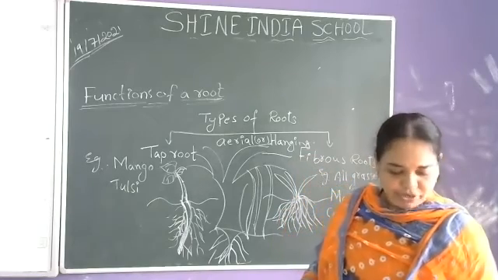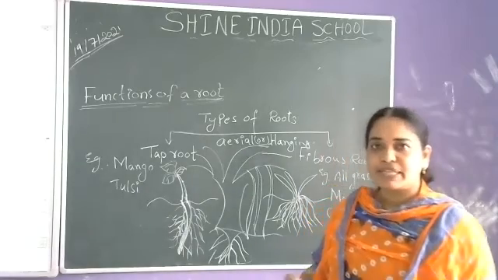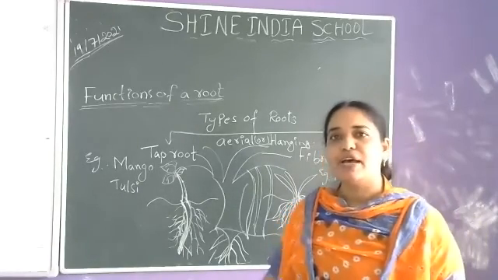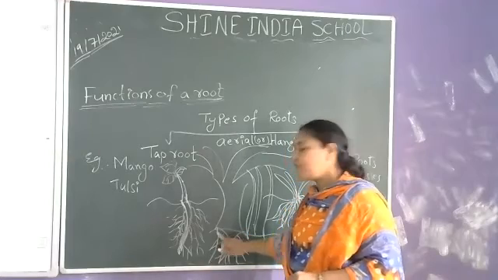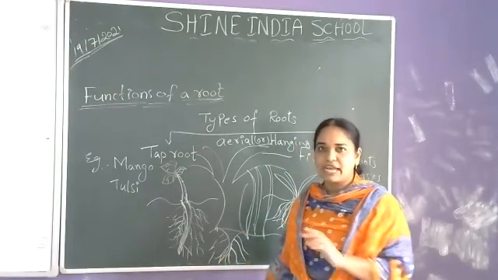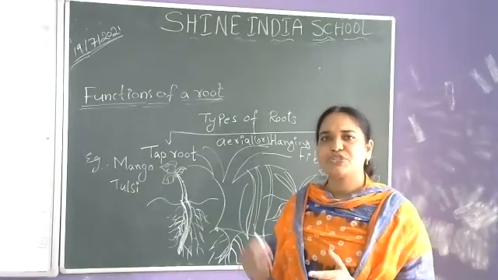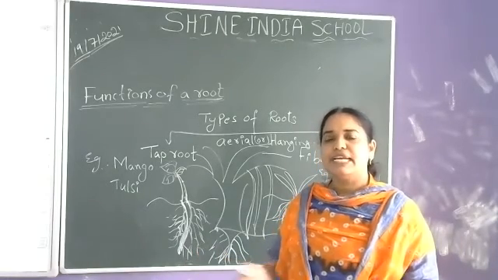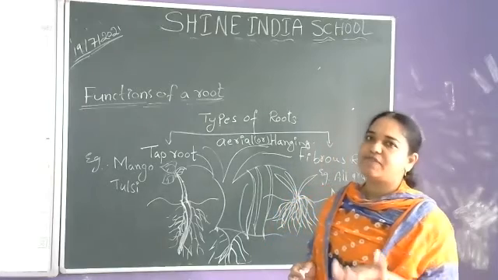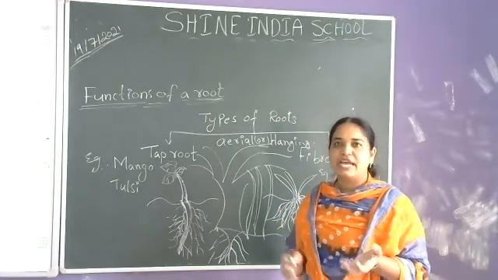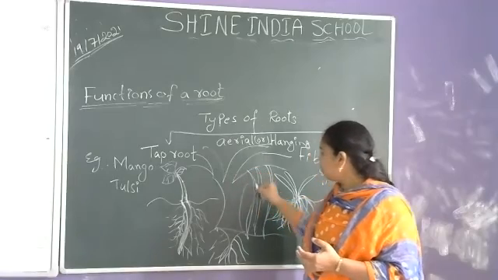A banyan tree has some other type of roots along with the root system. It has two types of roots. The underground roots perform the usual function like other plants: they absorb water and minerals and transfer them to the stem. And what do the aerial or hanging roots do?